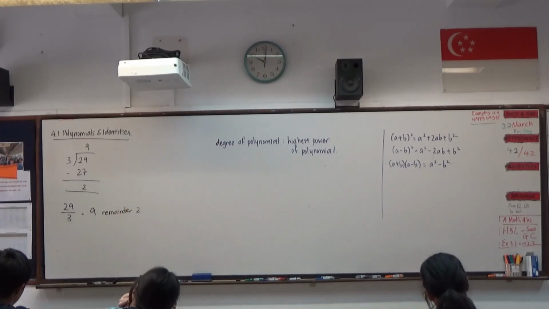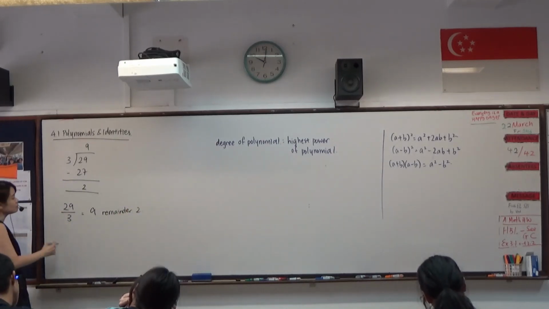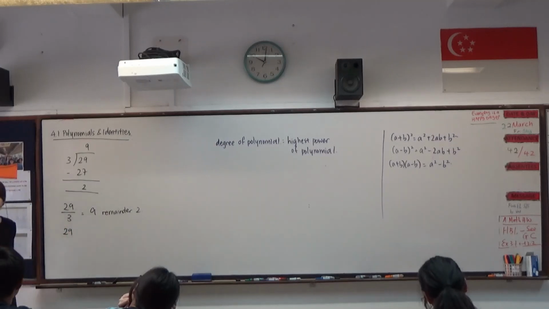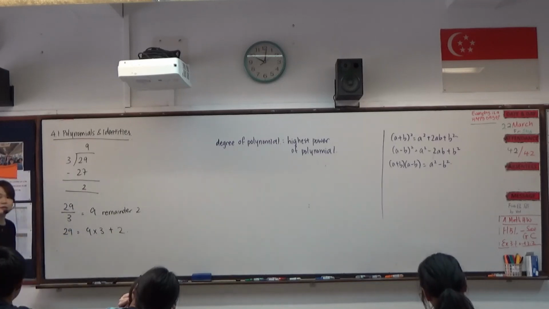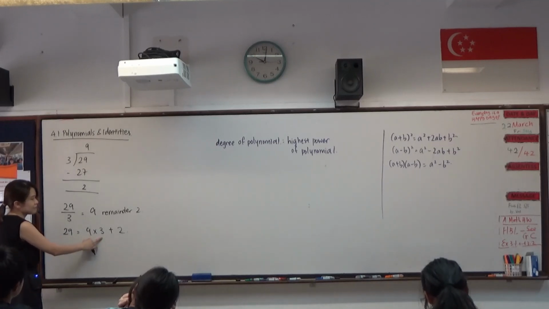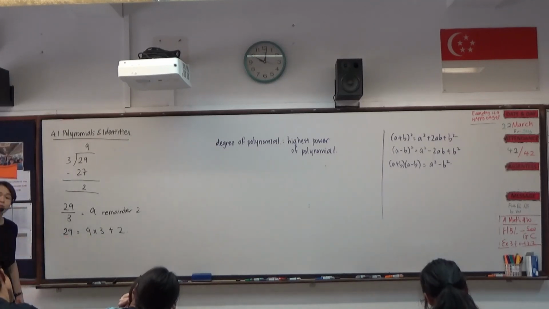This is what we learned in primary school, right? In other words, I can also say that 29 is equal to 9 times 3 plus 2. 9 times 3 is 27. Then you plus another 2, that will give us 29.